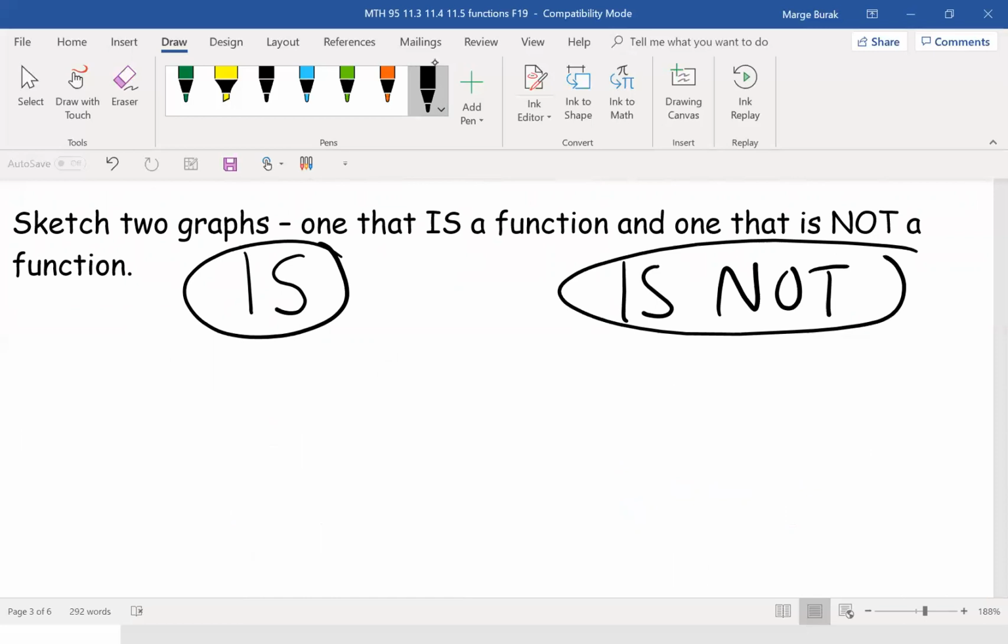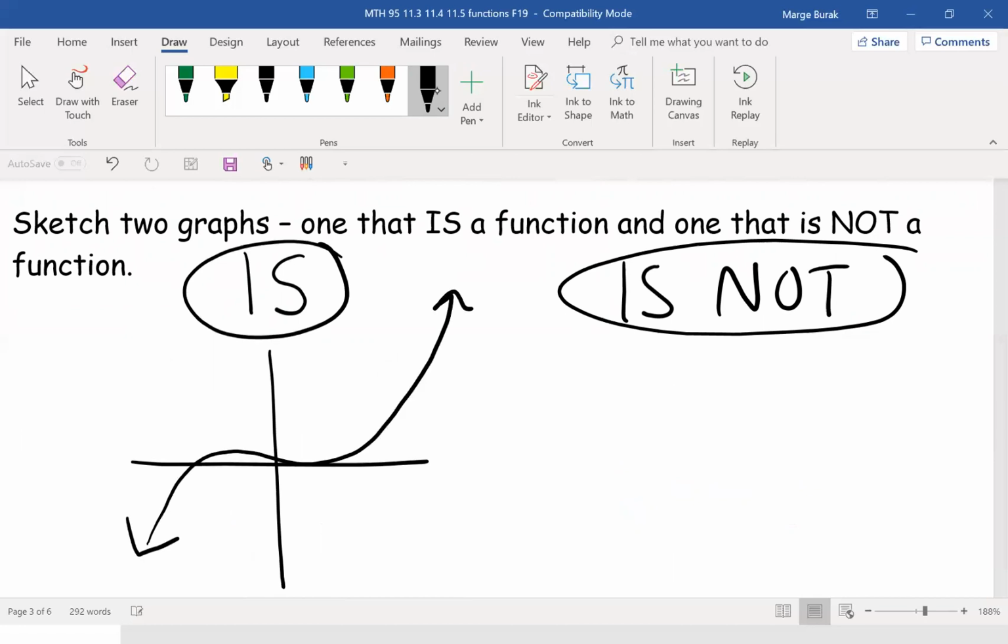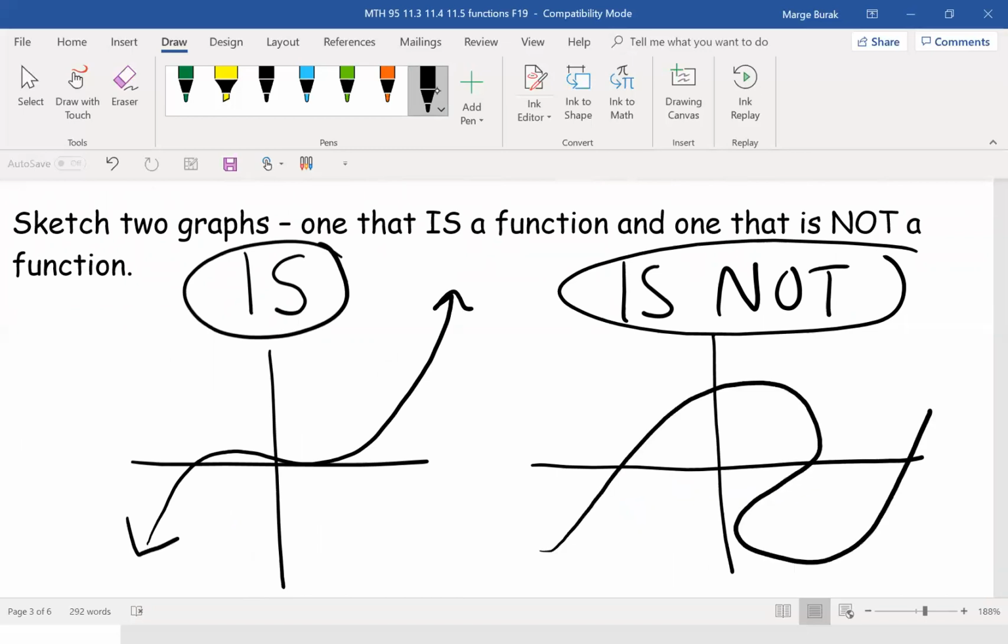And so let's graph one that is, that could be almost so many things, as long as you just don't go above each other. So I'm just going to make it, okay? And let's do one that is not, would be something that goes, okay, that is not a function because I have this right here, vertical line test. Wow, I have 3 points above each other. All right, you can't have points above each other.